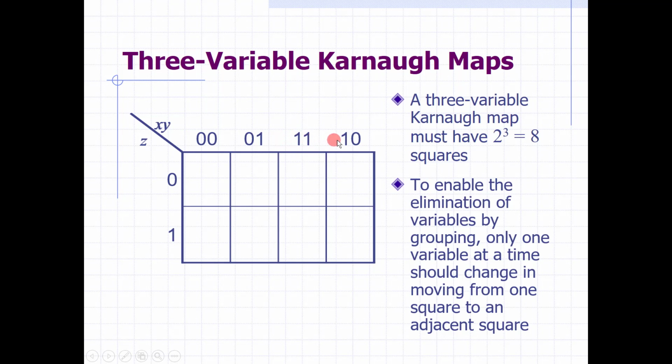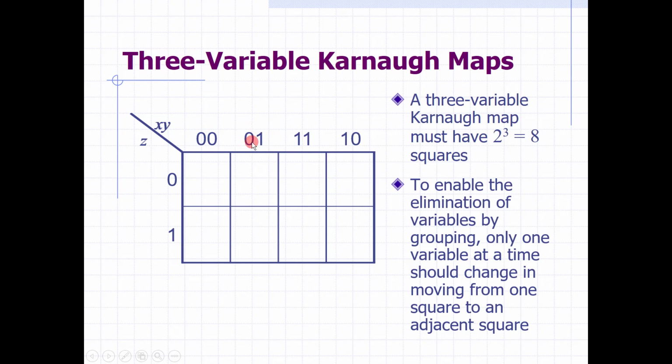We'll want basically these two columns, this column and this column, swapped around from their natural order in the truth table. And the reason for that is we want adjacent columns or adjacent rows to have things in common. Take a look at this. In the first two columns, I have x is 0 in both of them. So they have something in common.